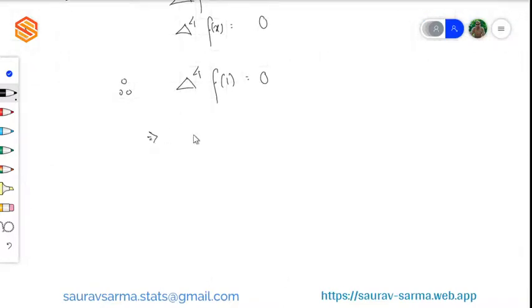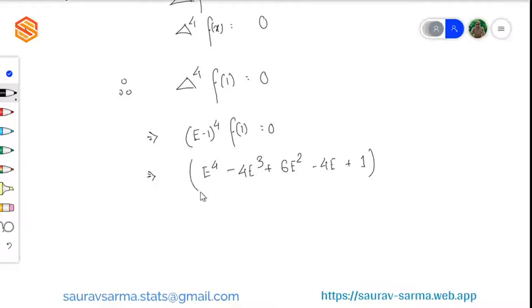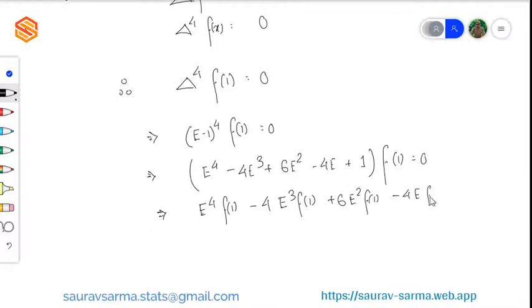Good, which is the same as before: E minus 1 to the power 4 f of 1 is equal to 0. E to the power 4 minus 4E cube plus 6E square minus 4E plus 1, into f of 1 is equal to 0. This equals E to the power 4 f of 1 minus 4 times E cube f of 1 plus 6 times E square f of 1 minus 4 times E f of 1 plus f of 1 is equal to 0.